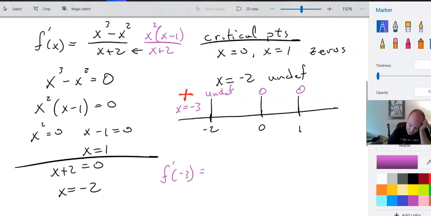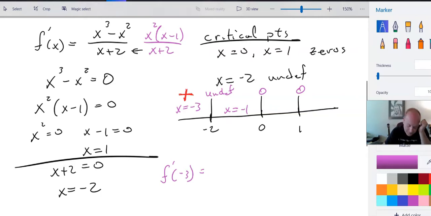Okay, now we need to check over here. And so I think I'm going to use x equals negative 1 to check that one, because negative 1 is a real easy thing to plug in. And if we do that, negative 1 squared is positive. Negative 1 minus 1 is negative. And negative 1 plus 2 is positive.